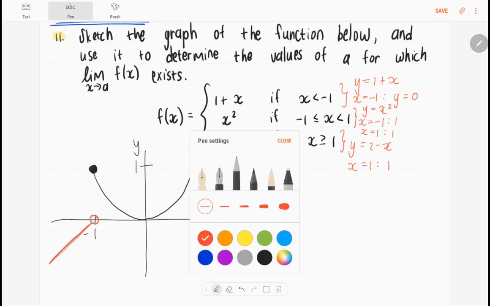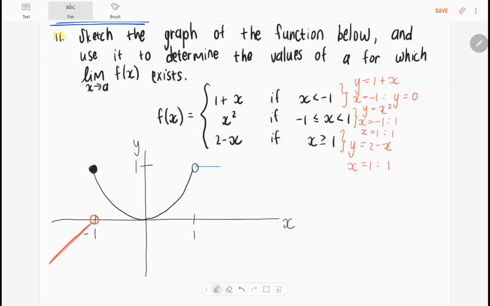Therefore, we know that the function will look like this. It will take on the value of 1 when x equals 1, and then we know it has a negative slope, so it's going to look like this.